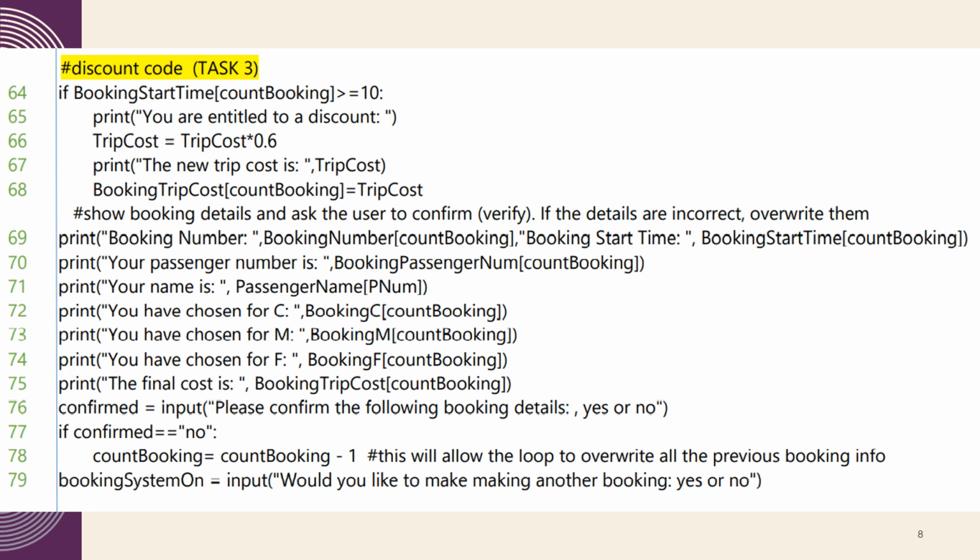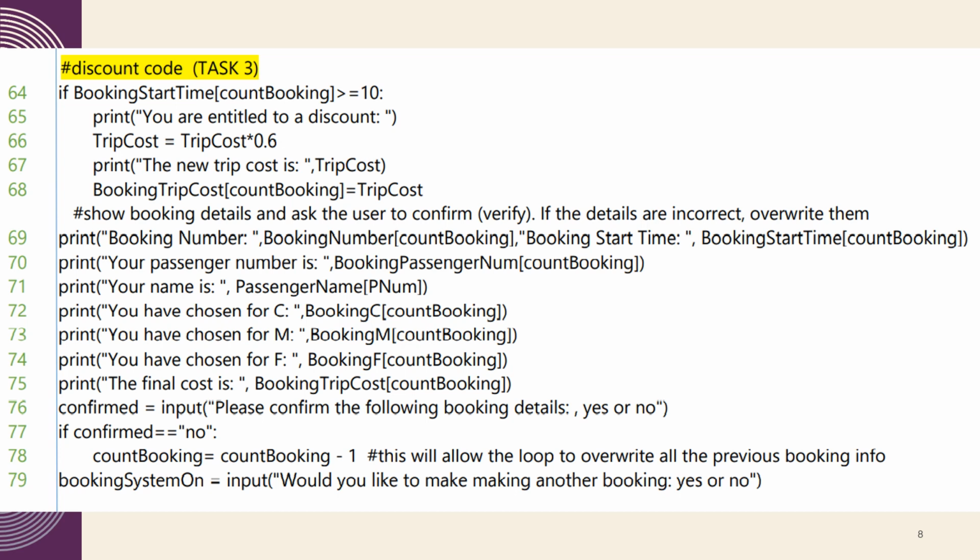Line 66, the trip cost is equal to trip cost times 0.6. Print the new trip cost is trip cost. And finally, line 68, you need to store the new trip cost inside the booking trip cost array. So you need to override what you previously had saved.